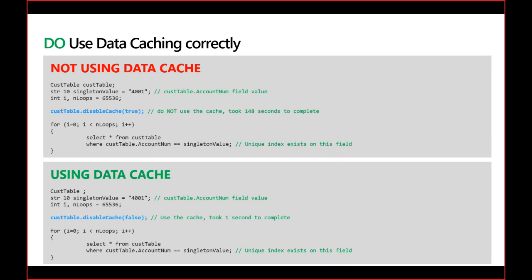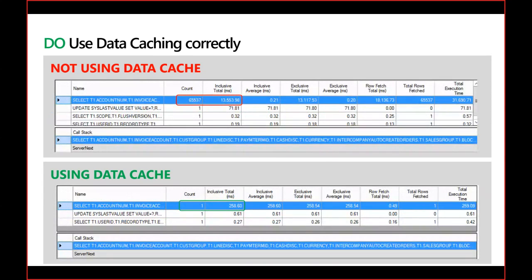Versus at the bottom, we make use of the caching, and we do exactly the same code as we did at the top. The difference is, if you do the tracing, you can see that at the top we go 65,000 times plus 65,000 times to the database backend. So more than 65,000 round trips to the database.